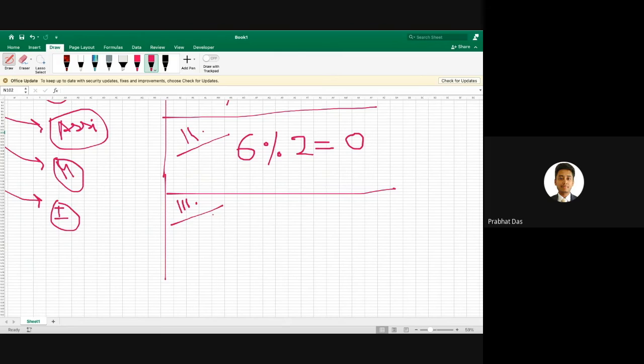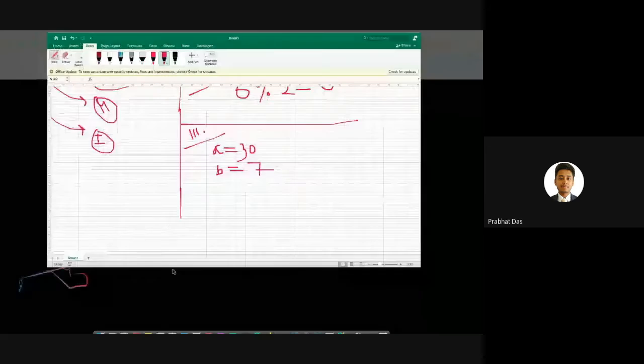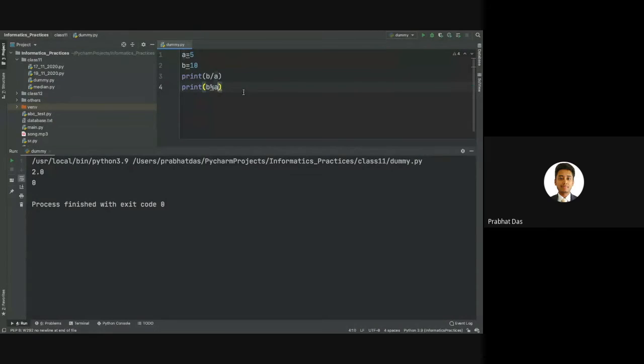For example, if we have A equal to, let's say, 30, B equal to, let's say, 7. Let's see what we get if we perform 30 by 7. We get something like 4.28.